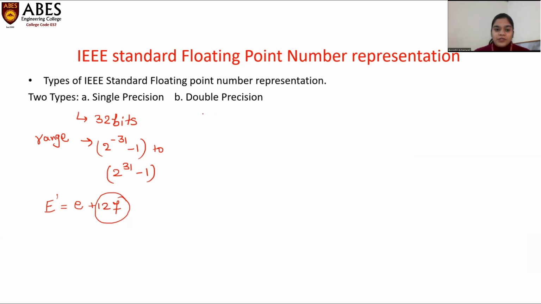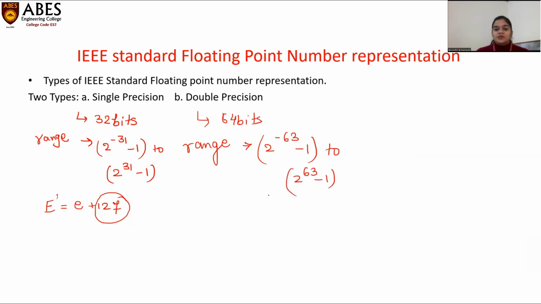When we come to double precision, any floating point number is represented in 64 bits. And the range of representation in computer systems over here is 2 to the power minus 63 minus 1 to 2 to the power 63 minus 1.